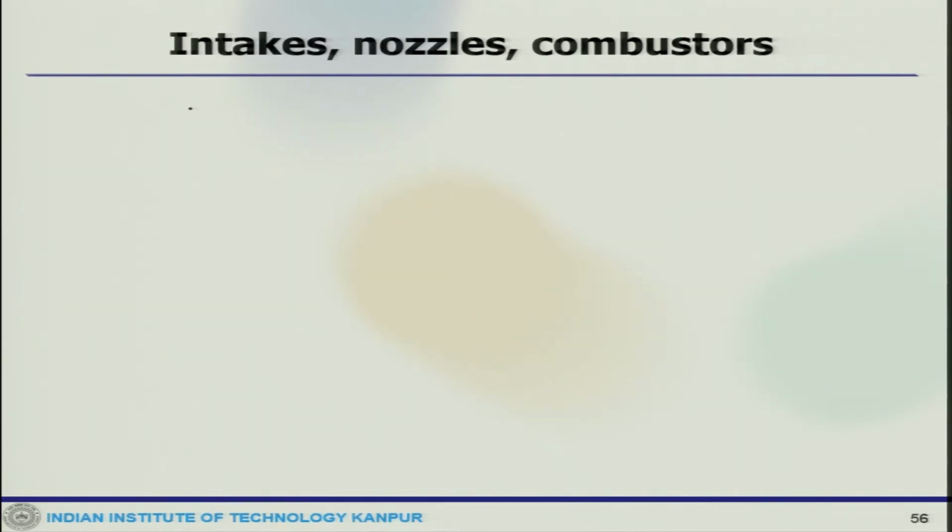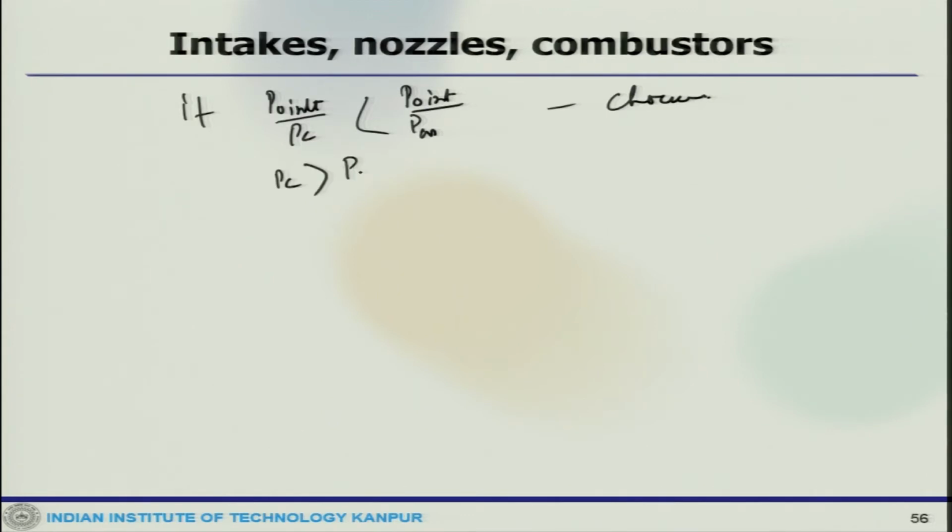So, if P naught inlet by P c is less than P naught inlet by P ambient, then this is choked. So, P c should be greater than P a and P exit would be P c.